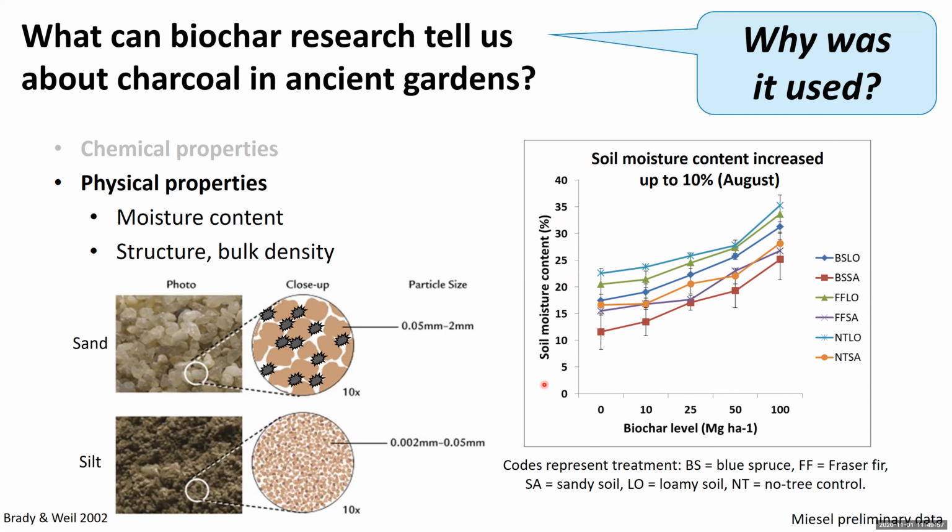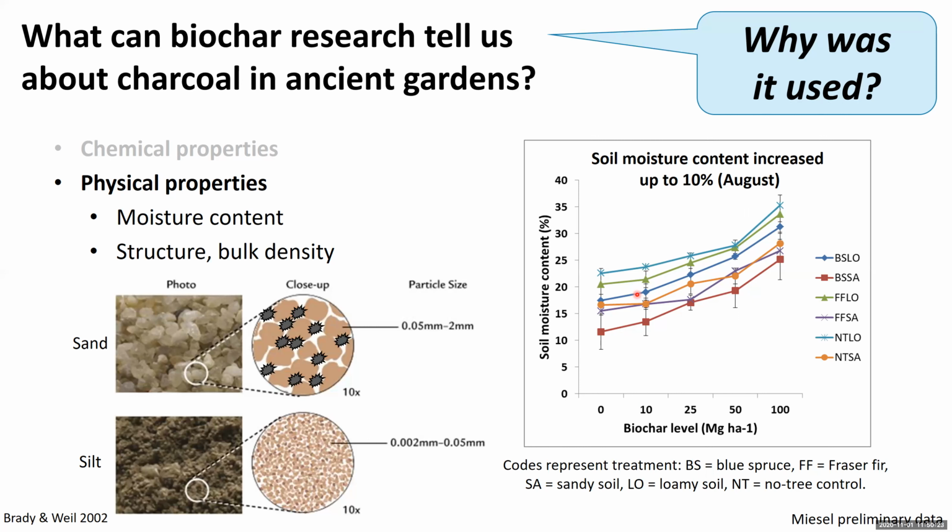And the different colored lines here represent the different combinations of soil texture and tree species that I planted in the treatments. And this figure shows us that soil moisture increases with biochar level, with the volumetric moisture content approximately 10% greater at the higher level of biochar amendment compared to the no biochar control.